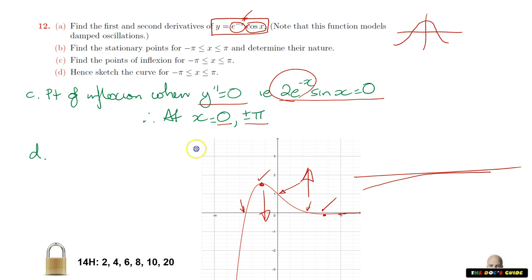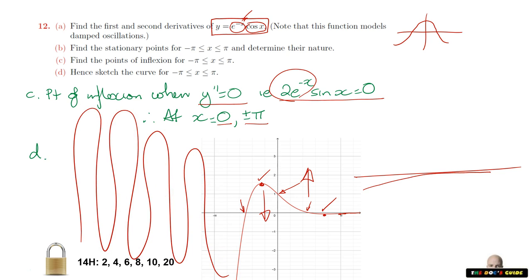And what we see over here is like a huge version of this, because this models damped oscillations. It's worth punching it into GeoGebra and just zooming out and seeing if you can get a feel for this graph. But you can see why they zeroed in on this particular part of the graph just here.